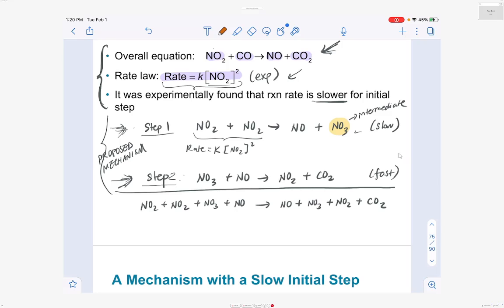Dr. Lee, did you mean to put CO instead of NO when you had the second step? My mistake. NO2 and CO2. NO2, NO3, CO. Does that look right?